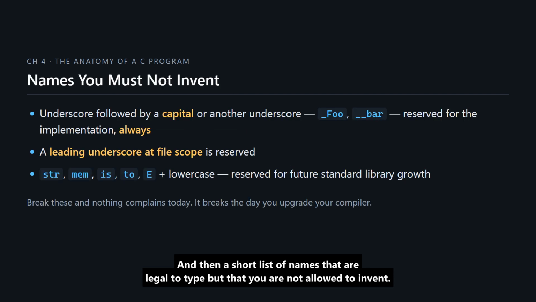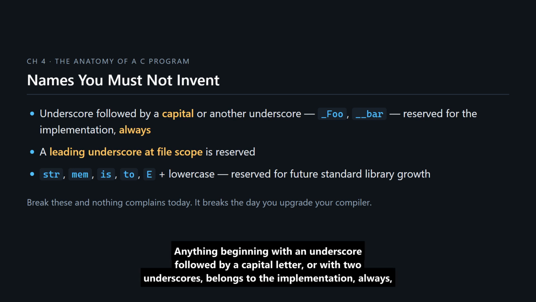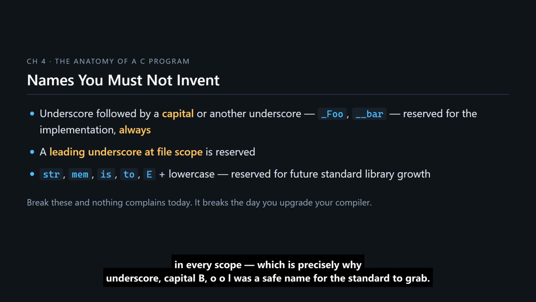And then a short list of names that are legal to type but that you are not allowed to invent. Anything beginning with an underscore followed by a capital letter or with 2 underscores belongs to the implementation, always. In every scope, which is precisely why underscore capital B, OOL was a safe name for the standard to grab.